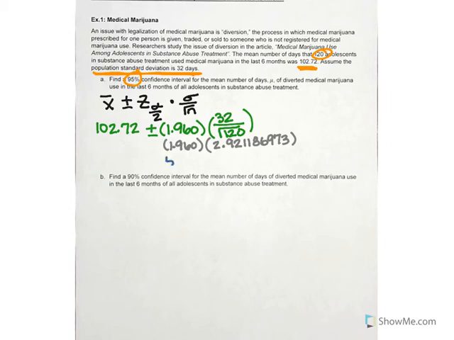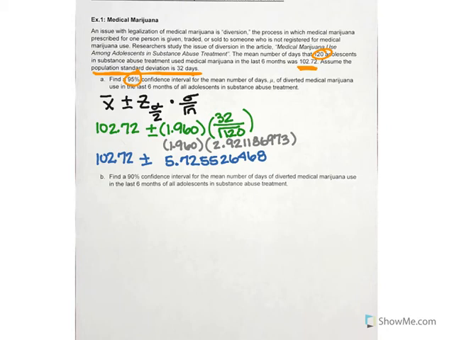Which would give us 5.7255 2646 8. That's our margin of error that we're going to add and subtract from 102.72.